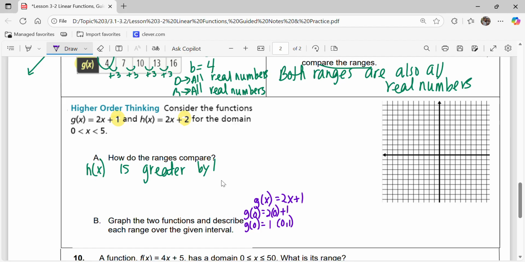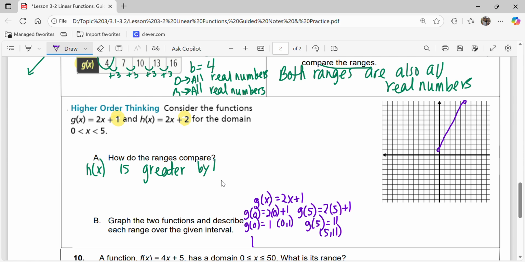The greatest domain would be 5 going in, so g of 5 equals 2 times 5 plus 1, 2 times 5, 10, plus 1, 11. So this would be 5, 11. Because they do not have equal signs, they will have open circles. So 0, 1, 1, 2, 3, 4, 5, 11 should be right here. And then a line from point to point.